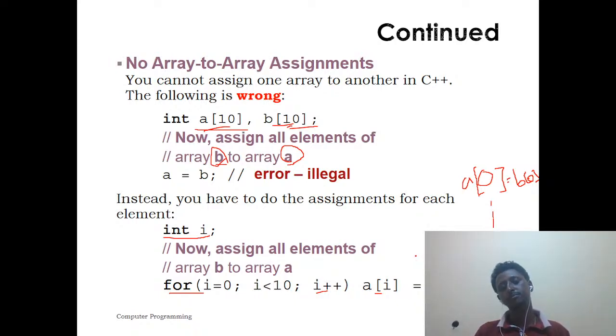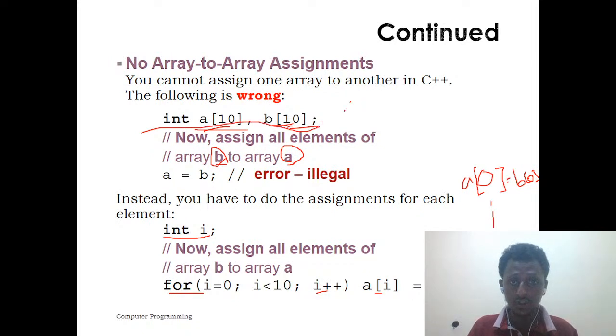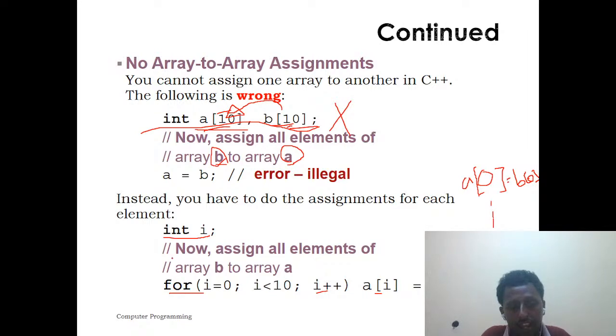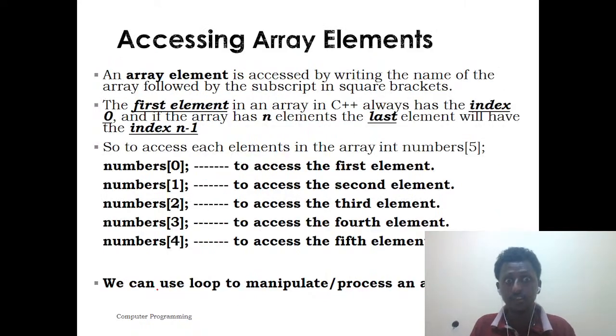So this direct expression is wrong. If you want to transfer or assign all elements of the first array to the elements of the other array, you use this way of expression, assigning or transferring one array to another array. The array shape should be the same.